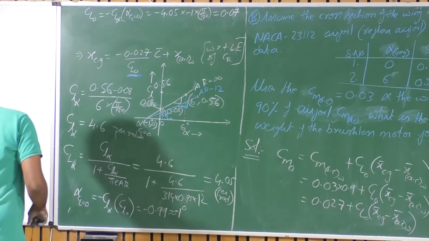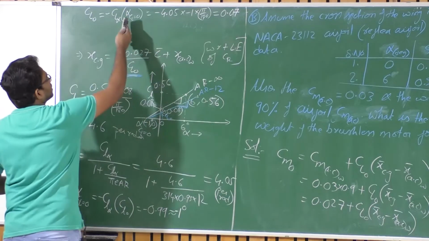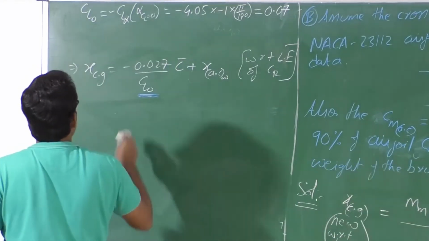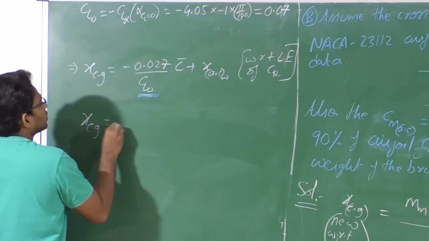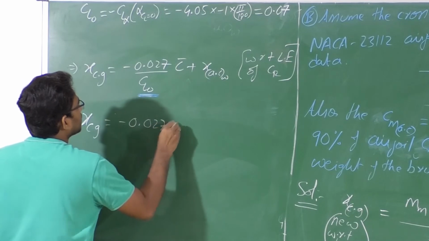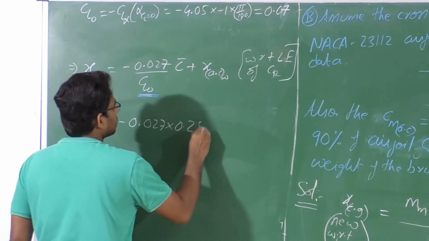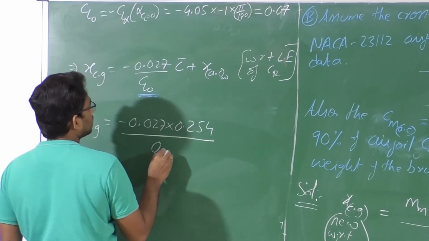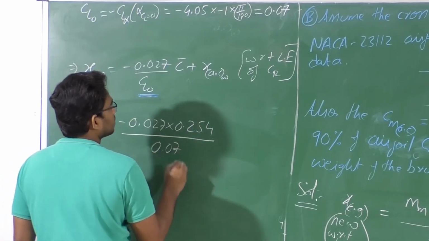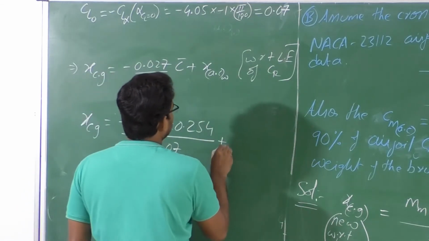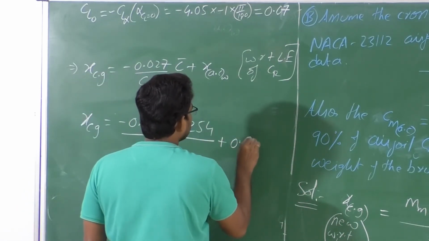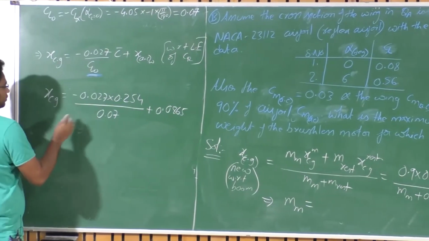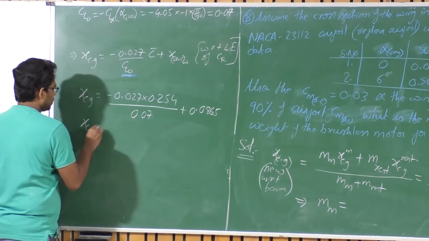So if I substitute that CL naught in this particular equation, XCG equals minus 0.027 times 0.254 upon CL naught is 0.07, plus XAC of the wing, which is 0.0865.